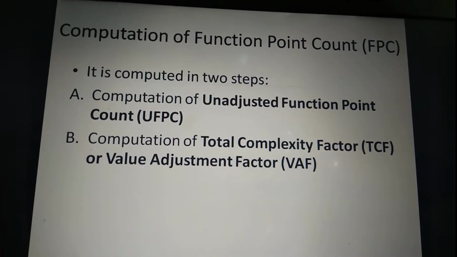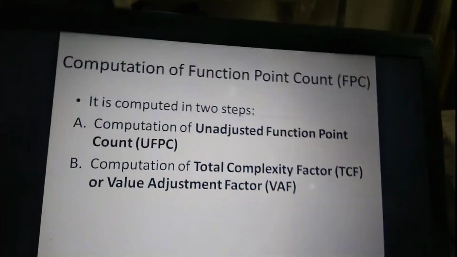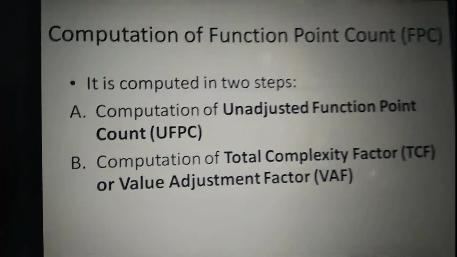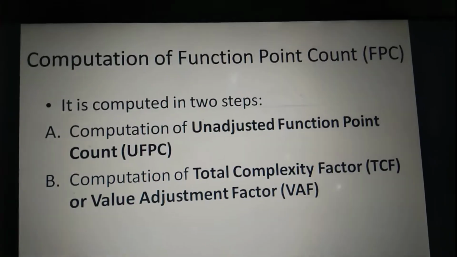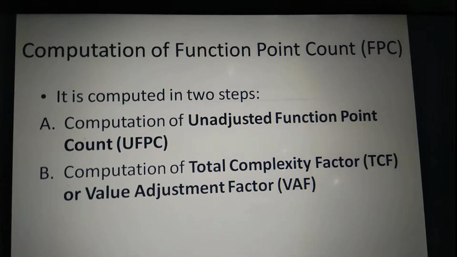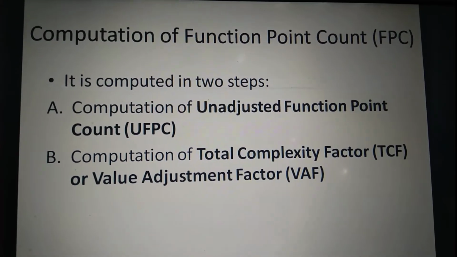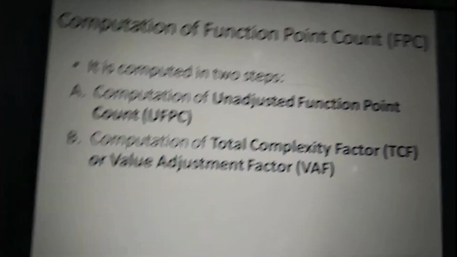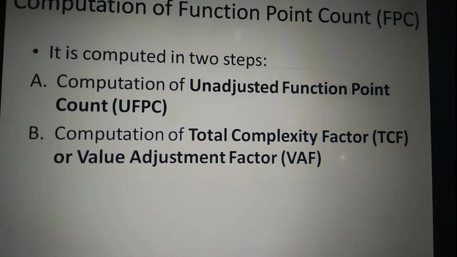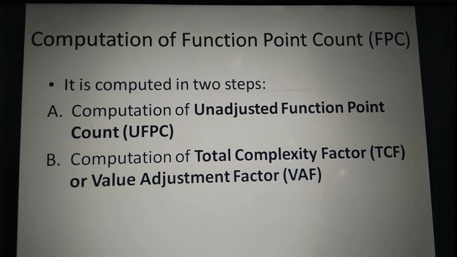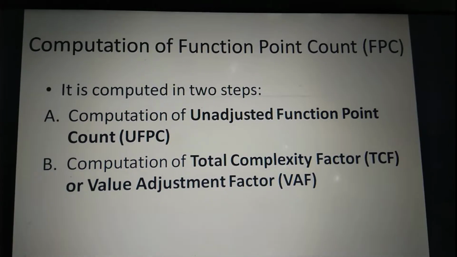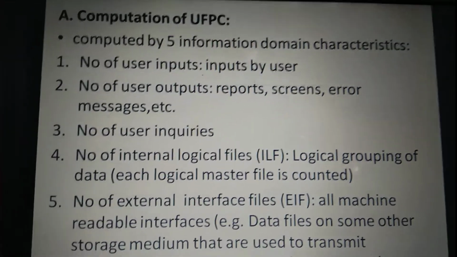Now the computation of function point count is done in 2 phases. In the first phase, we compute the unadjusted function point count, that is UFPC. Then we compute the total complexity factor, that is TCF, or it is called the value adjustment factor, VAF.